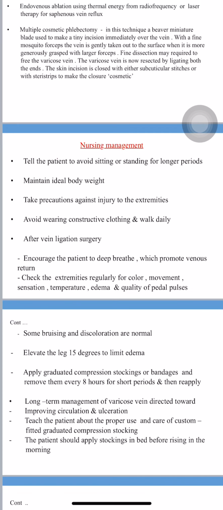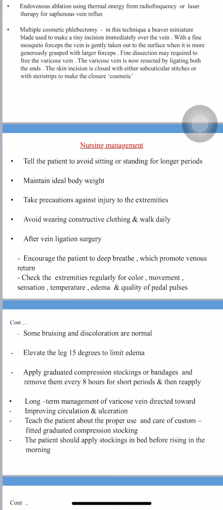Next is about the nursing management of varicose veins. It includes telling the patient to avoid sitting or standing for long periods, maintain ideal body weight, take precautions against injury to the extremities, avoid wearing constrictive clothing, and walk daily.